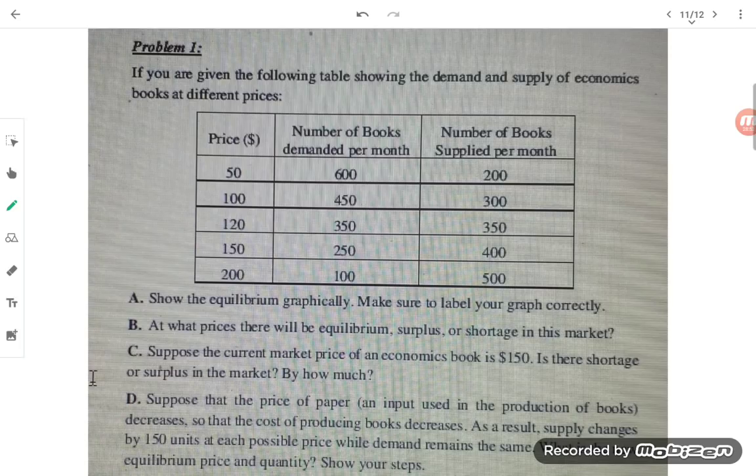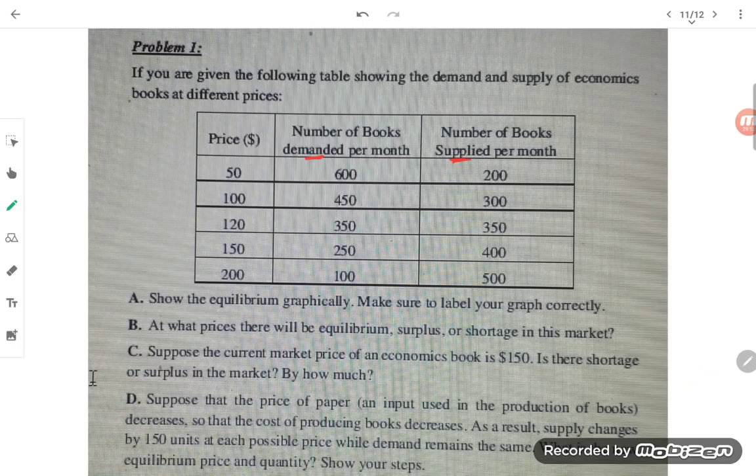These are the different price levels: 50, 100, 120, 150, and 200. And this is the number of units demanded, and this is the number of units supplied. Number A: show the equilibrium graphically. So this is number A. We are going to start from 100, which is the smallest number, and end at 600. And with respect to prices, it's 250.